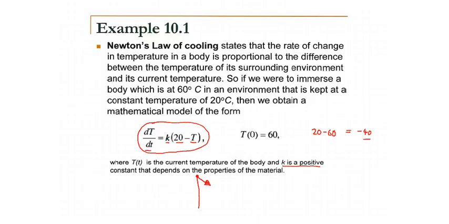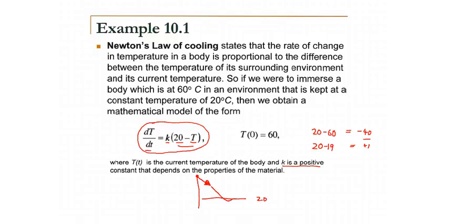So that's our model. If the temperature drops below 20 degrees, getting colder than the environment, then this difference will become positive, and that means we expect a rate of change that makes it go hotter.